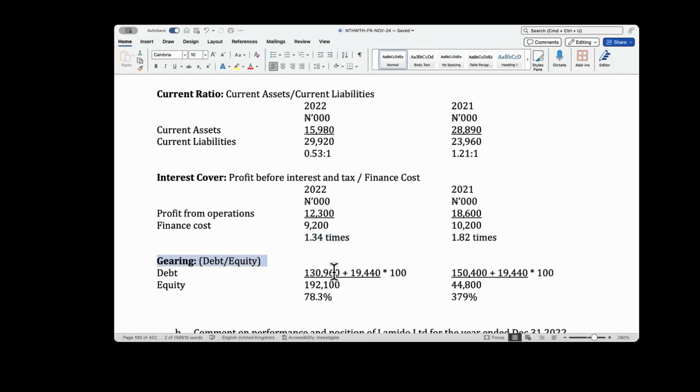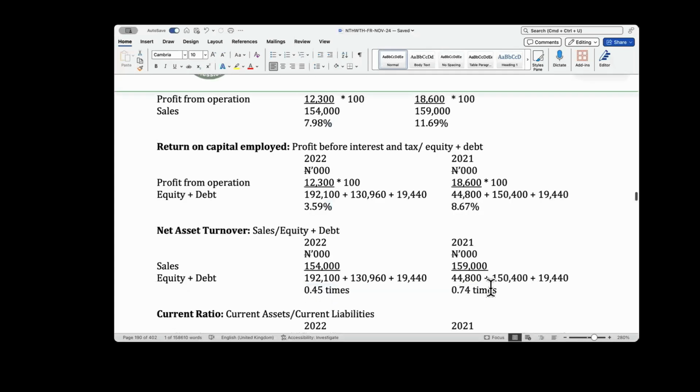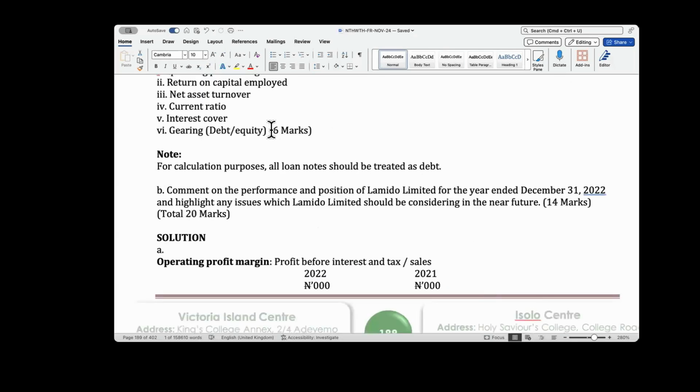My debt is the one under current and the one under non-current, over the equity. The same thing for year 2. So 2022, 78.3%, 2021, 379%. I want to get 6/6 here. I'm not joking at all.